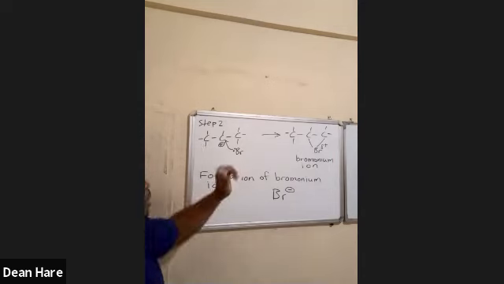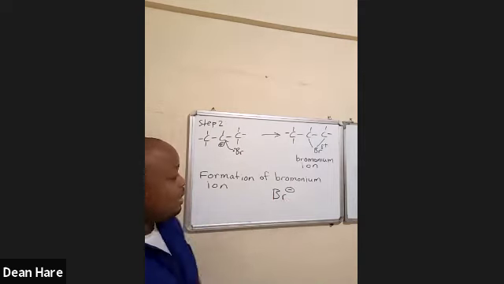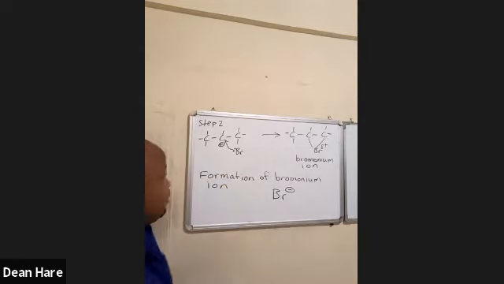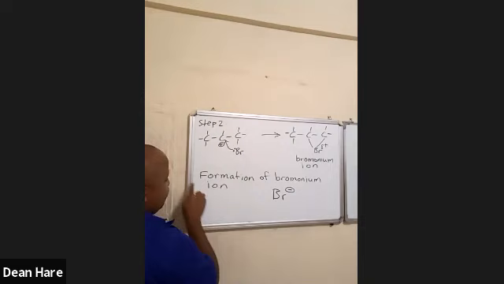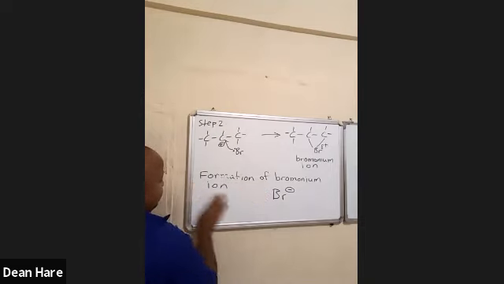So after you form the bromonium ion, this bromide ion from step 1 is going to attack the bromonium ion, all right? So I'm going to erase this part here and put step 3.